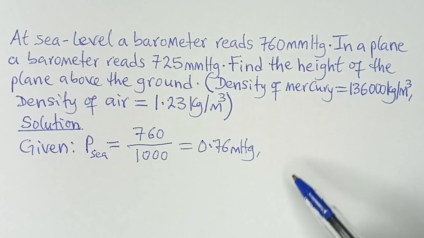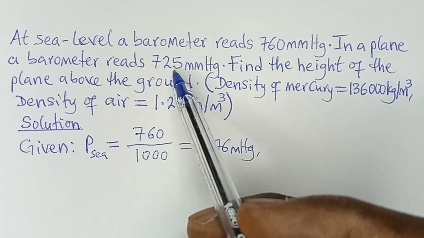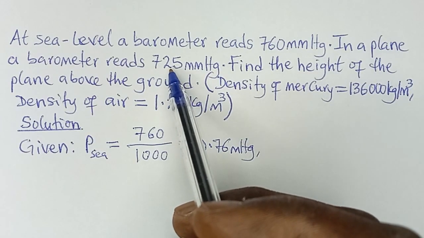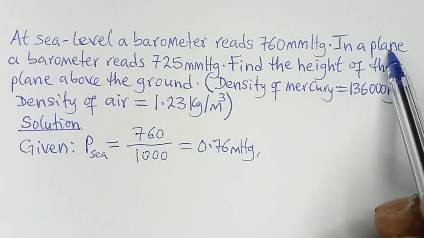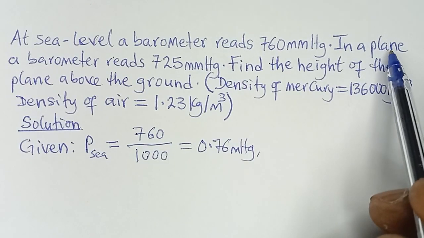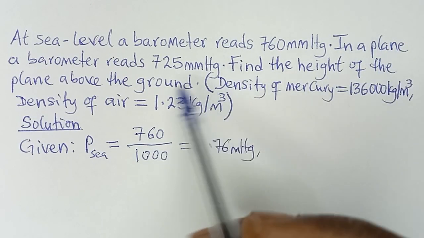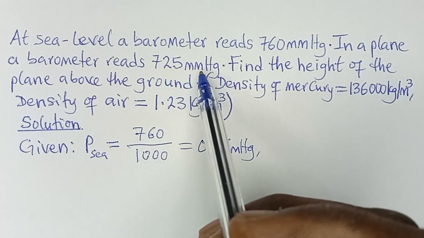Then similarly, we are also given the barometer reading, that is the pressure now. Don't forget, these values are pressure values. We are given the pressure value at a plane, that is an airplane far up above the ground. We are told that the reading there is 725 millimeter mercury.